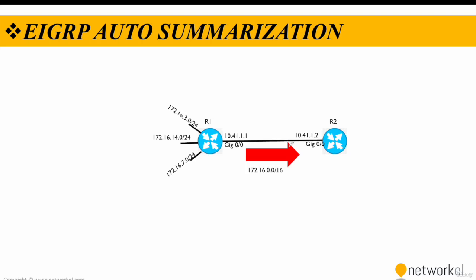This means that EIGRP will create summary routes for contiguous subnets that fall within the major network class, class A, class B, or class C, to reduce the size of routing tables and the amount of routing information exchanged between routers. Okay, so this behavior is disabled after Cisco IOS version 15 and can manually be disabled with the no auto-summary command as well.